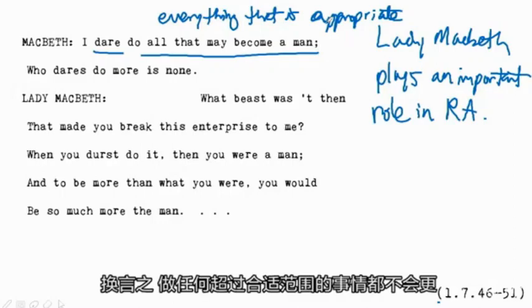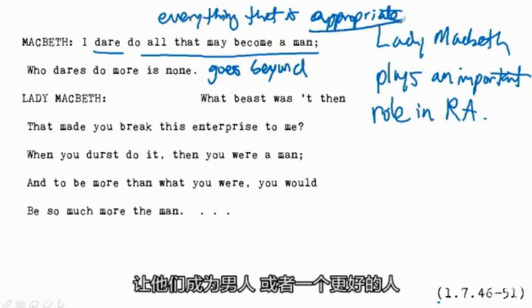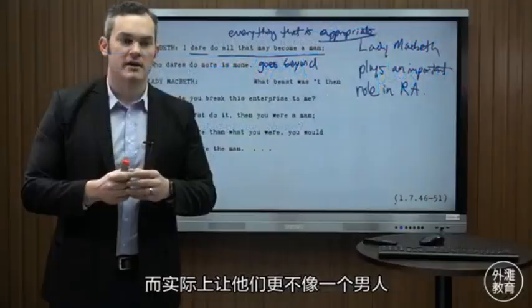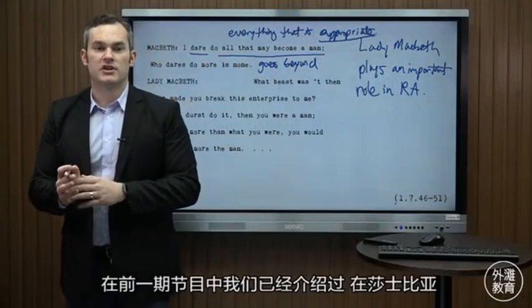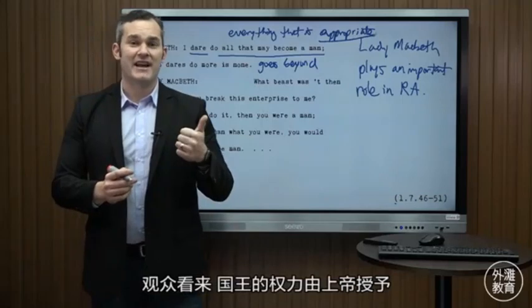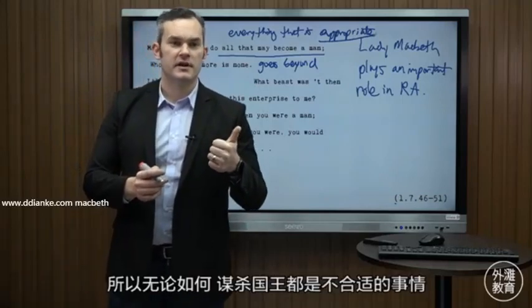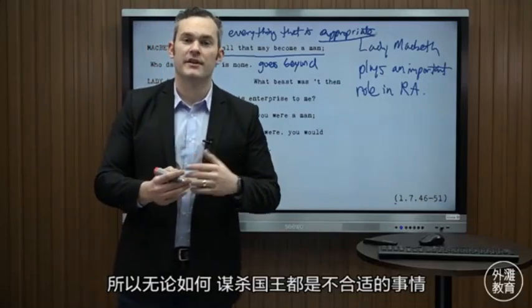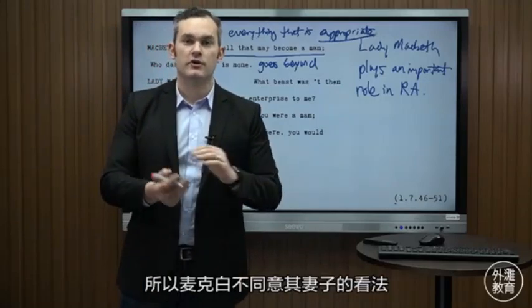In other words, anyone who goes beyond what is appropriate is not making themselves more of a man or a better man, but actually making themselves less of a man. And we learned in our previous section that the king's power is ordained by God in the eyes of Shakespeare's audience. So by no means is it appropriate for a man to kill the king. So Macbeth is counter-arguing against his wife.